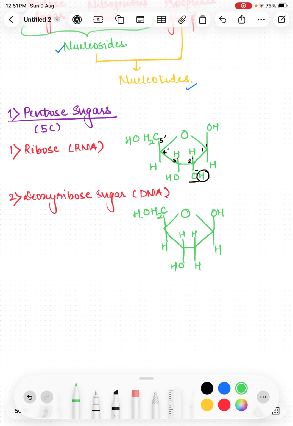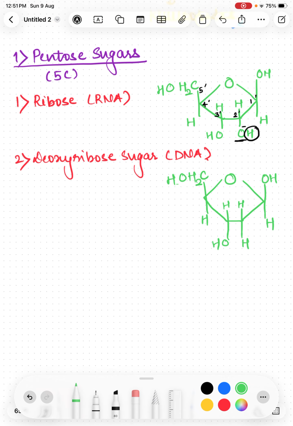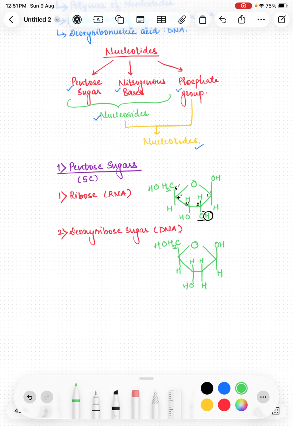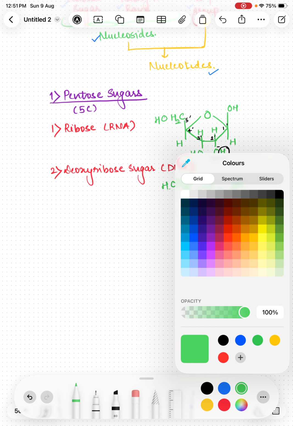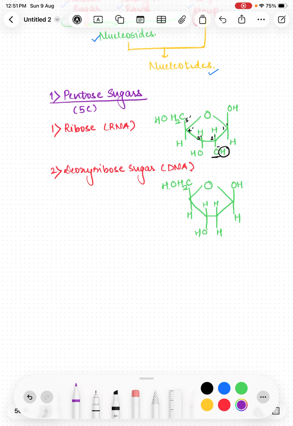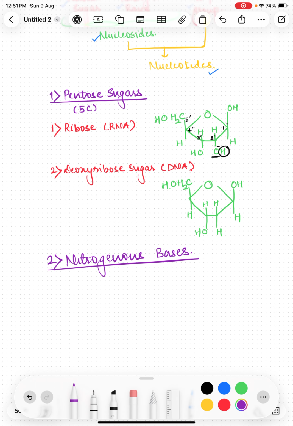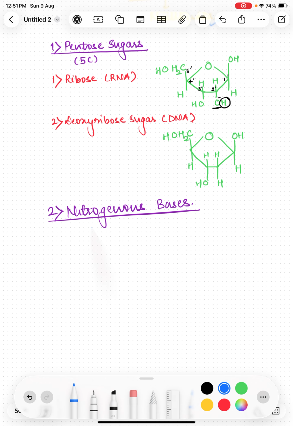Now we will talk about nitrogenous bases which are present in DNA. So there are two types of nitrogenous bases.